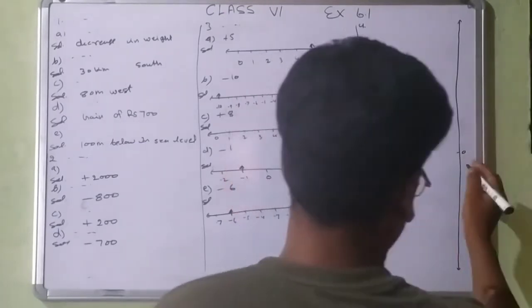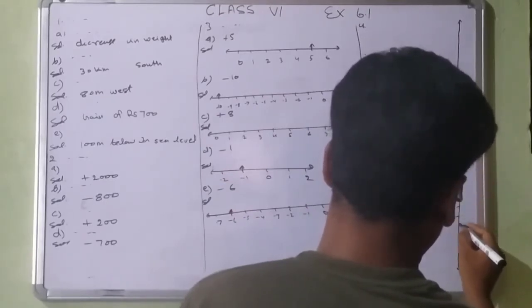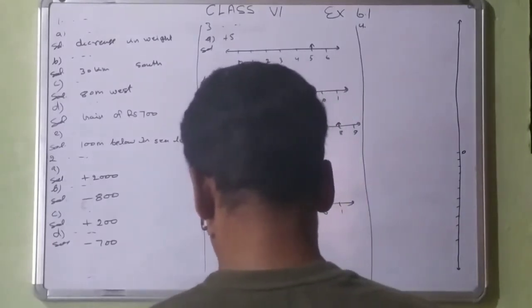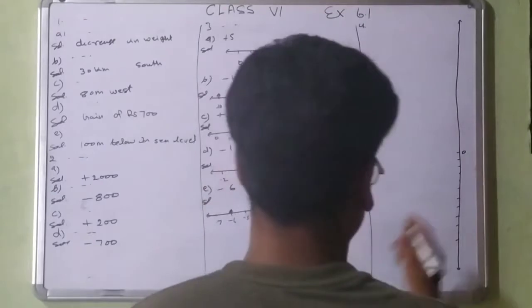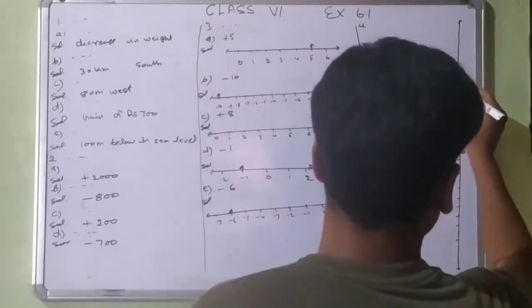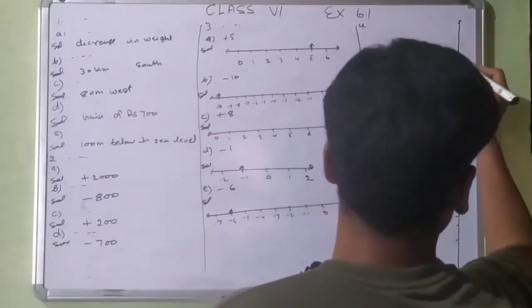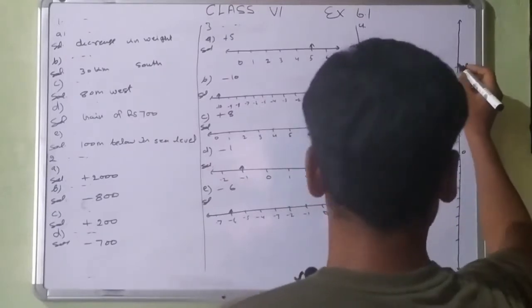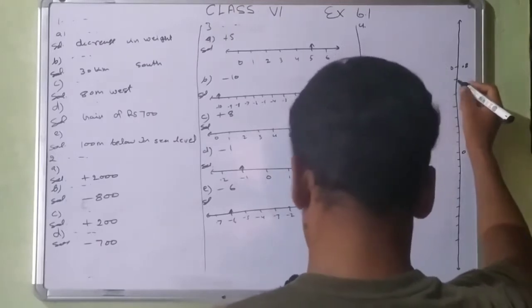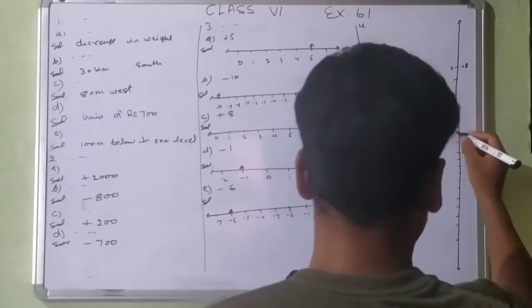This is plus 8, this is D, this is C, B, and then this is A.